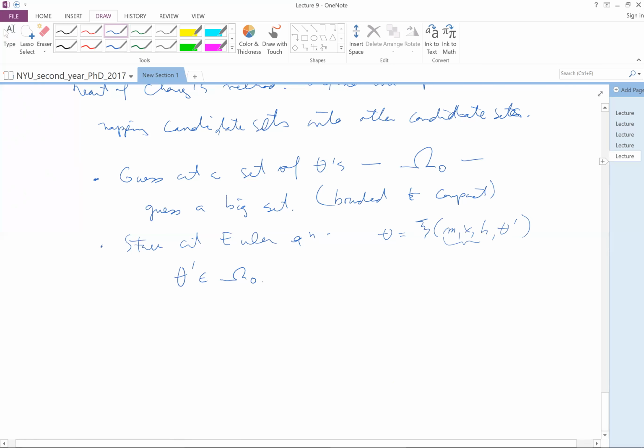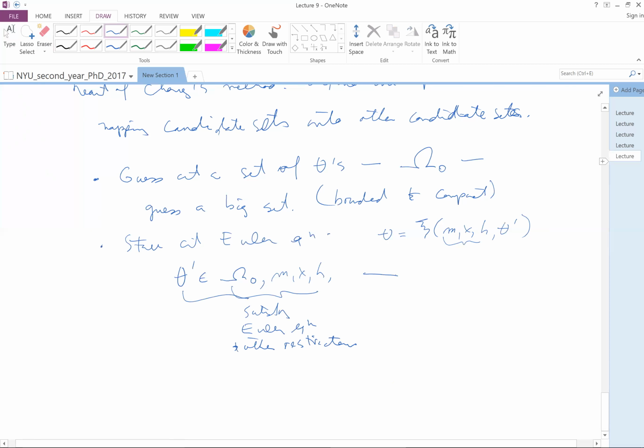So what it does, it takes a theta in that candidate set. It takes an m, x, h that satisfy the Euler equation and other restrictions that we listed.